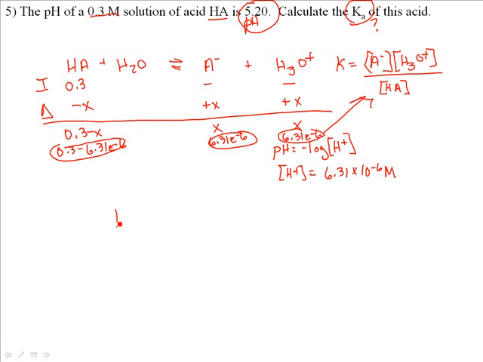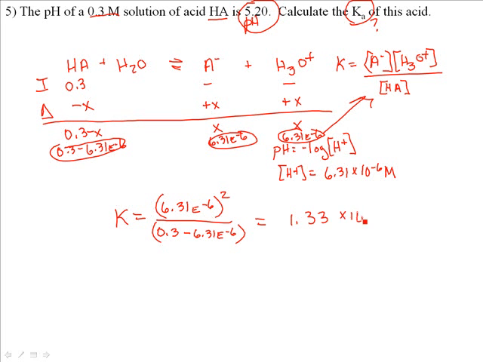Alright, so K is equal to 6.31 e to the negative 6 squared, since both of those are the same, over 0.3 minus 6.31 e to the negative 6. And when you punch that in, I get 1.33 times 10 to the negative 10 for the value of K.